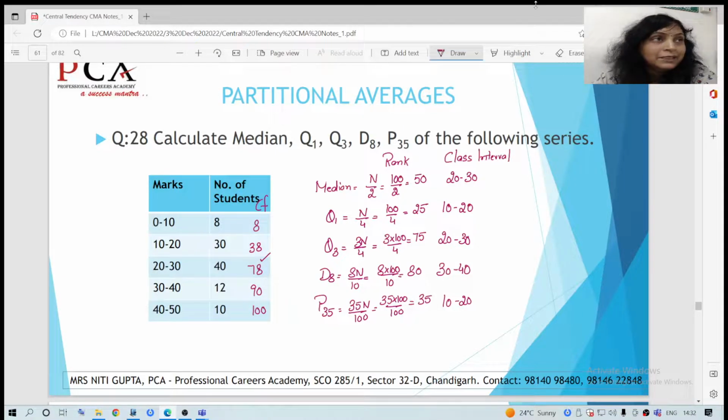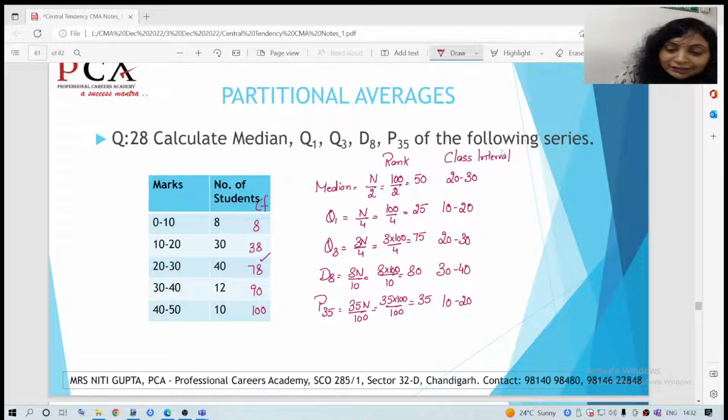Now the next step is to find the partitional average. Let's find the median. I have already written the formula. L1, the lower limit of the class interval, is 20, plus rank 50 minus the cumulative frequency of the previous class. If your class is 20 to 30, then you have to take the CF of 10 to 20, which is 38.